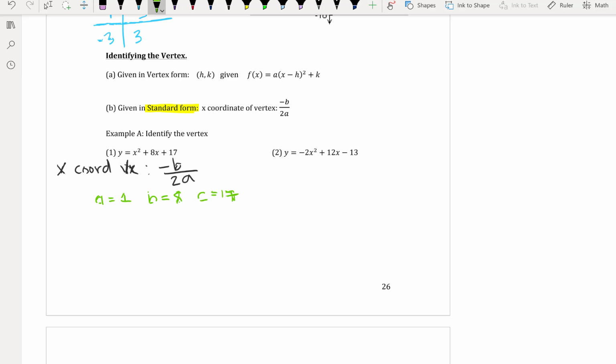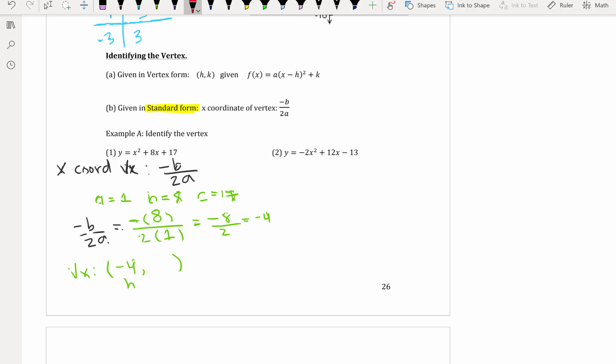Okay, so when I plug in my negative b over 2a, I am going to have a negative, and then I'm plugging in my b value, and then 2 times my a value. So that b value here is 8, and my a value here is 1. So I have a negative 8 over 2, which is a negative 4. So for my vertex, I have a negative 4. That is my h value.